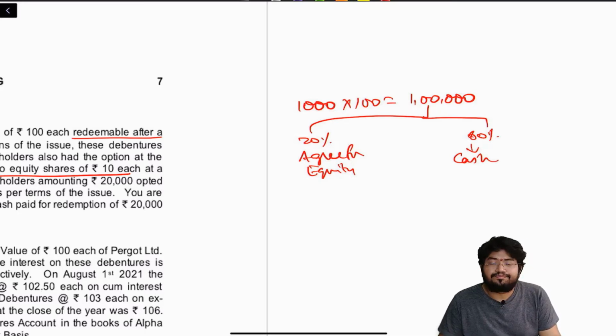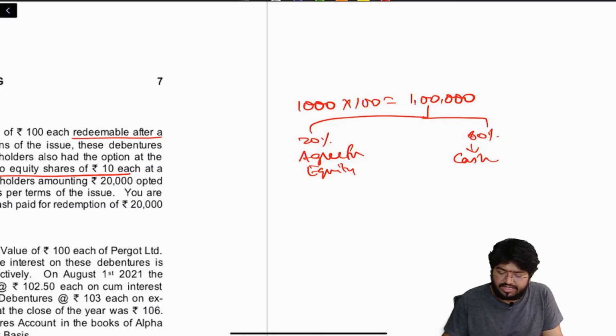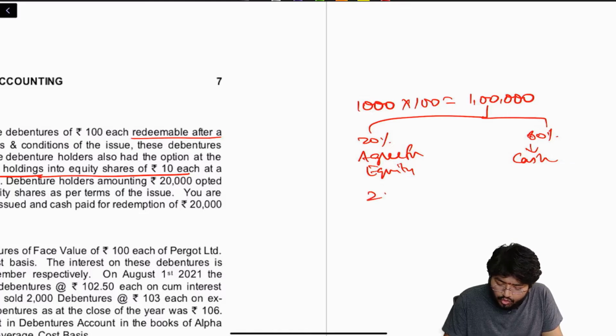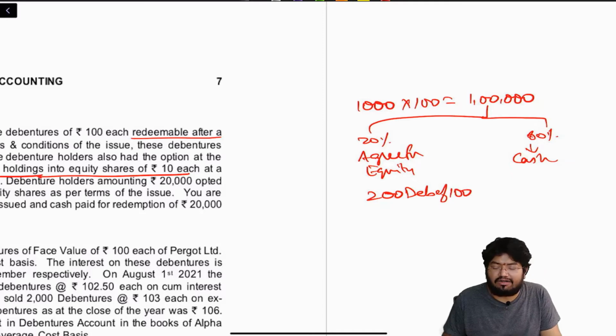So, number of debentures which have agreed for conversion into equity is, out of 1 lakh, going to be 200 debentures of 100 each agreed for conversion.